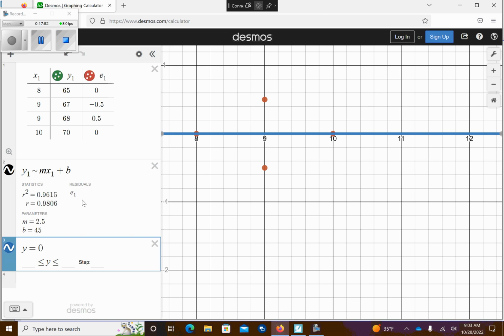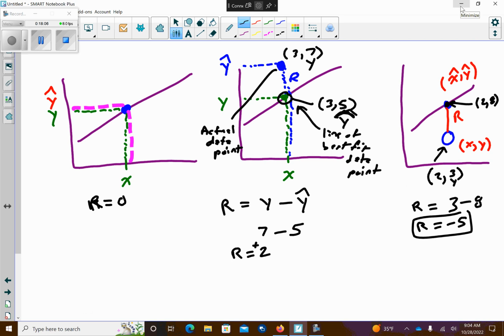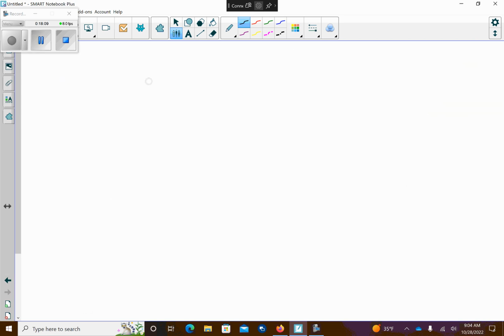Okay? Now, the sum of squares relationship is a little bit bigger. Let's see. What the sum of squares basically is, we go with this. So we have our line of best fit.